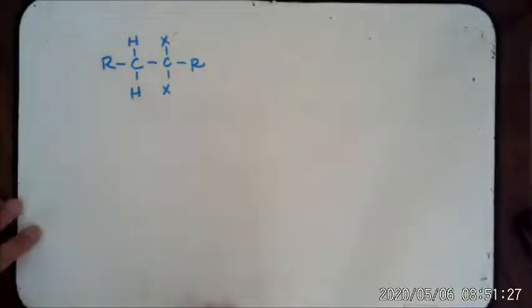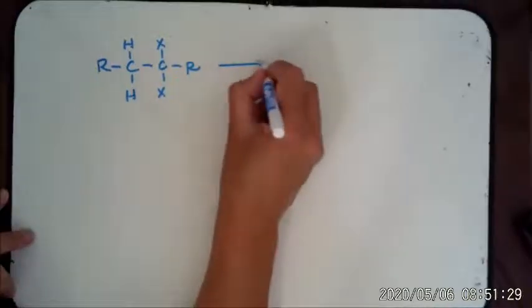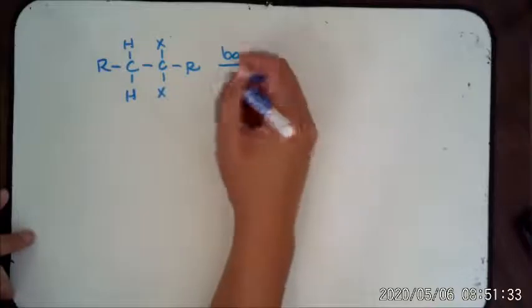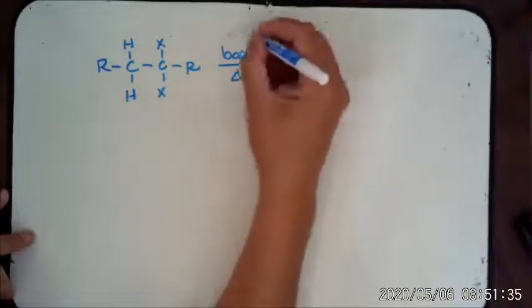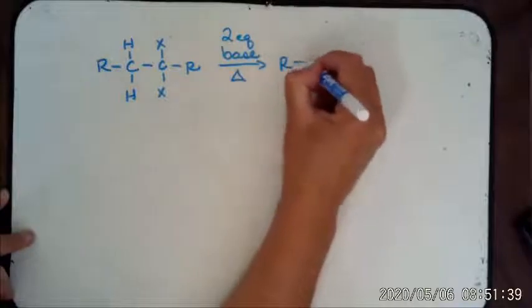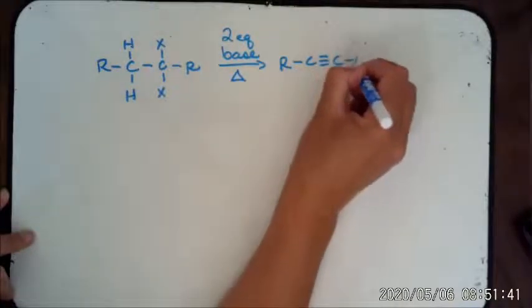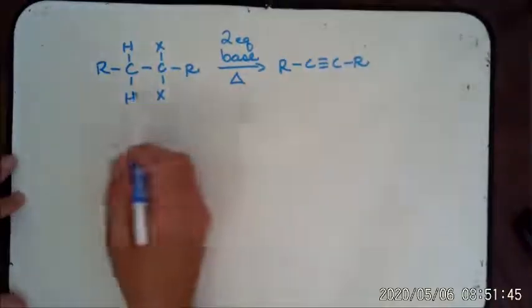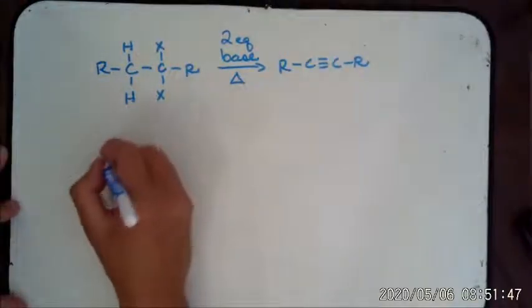And we do elimination. Again, you're going to add your base at a high temperature, and you're going to add 2 equivalents. And then you're going to get your alkyne. Okay.